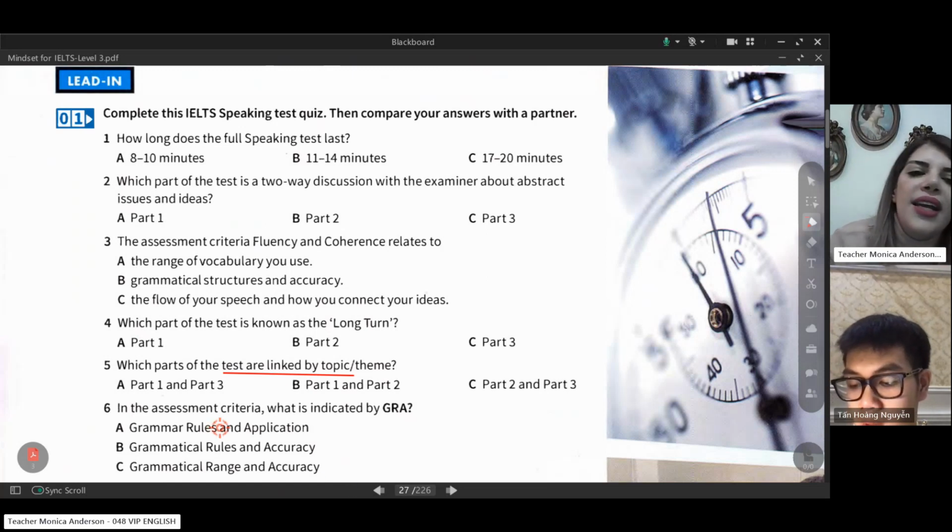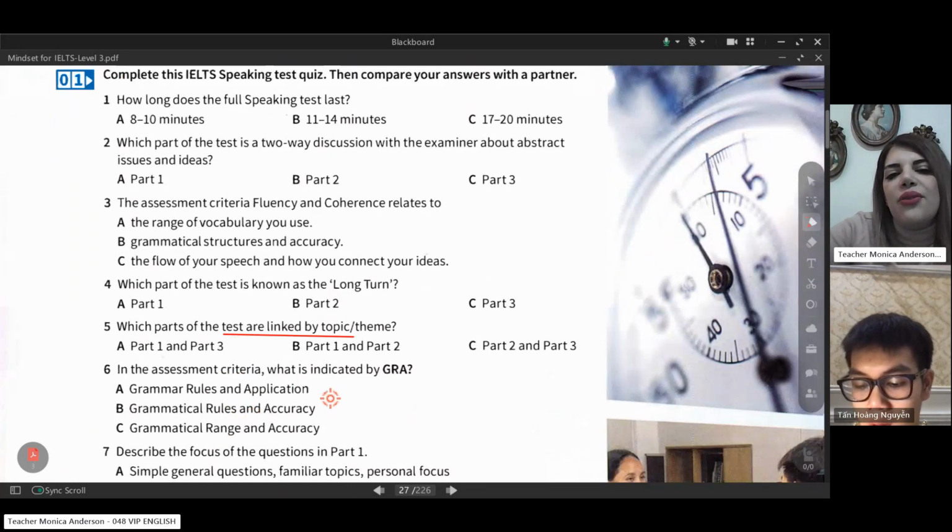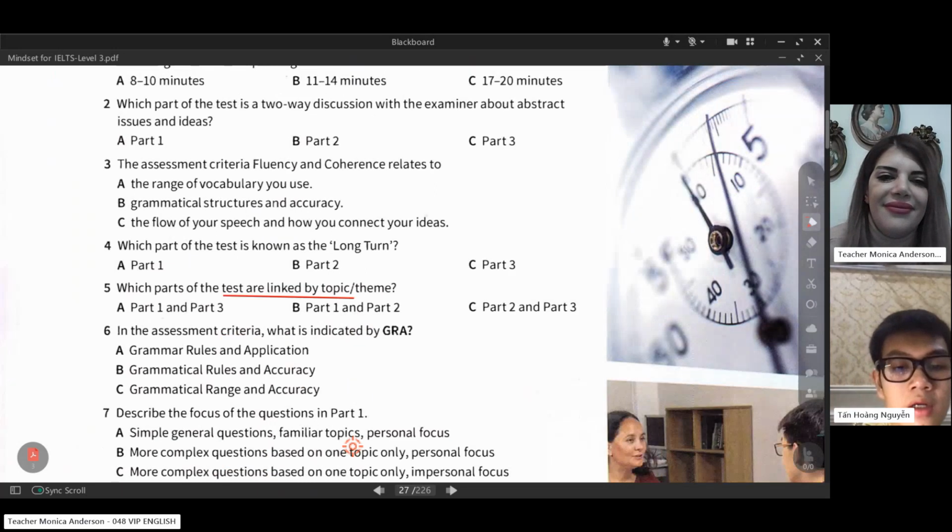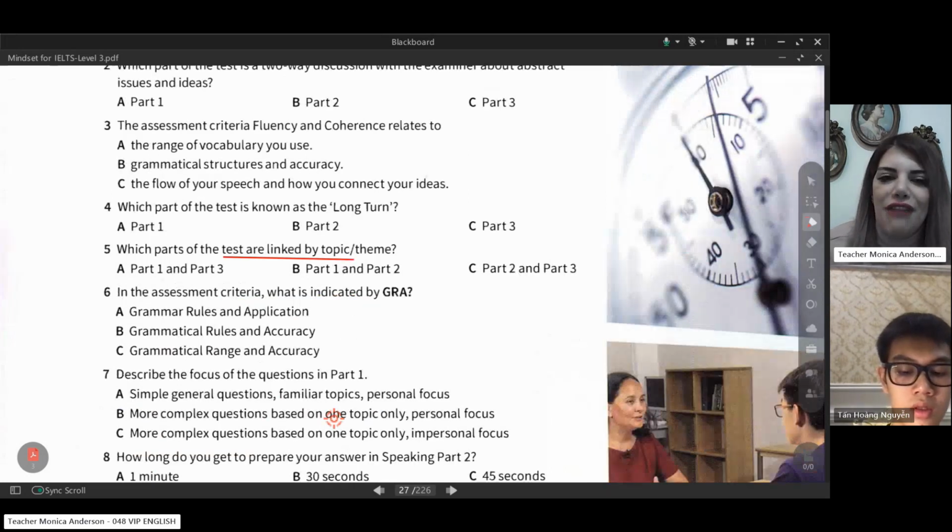Okay, and the last one, in the assessment criteria, which is indicated by GRA? I think C. C, grammar range and accuracy, of course.